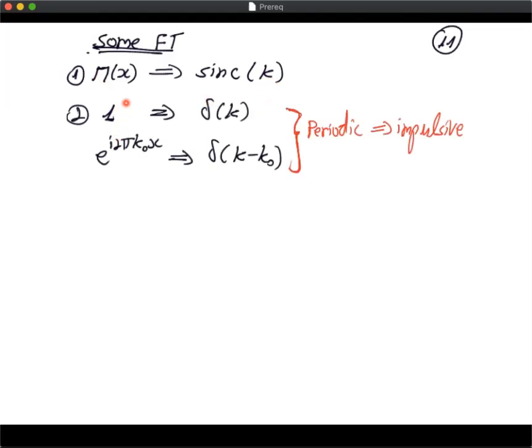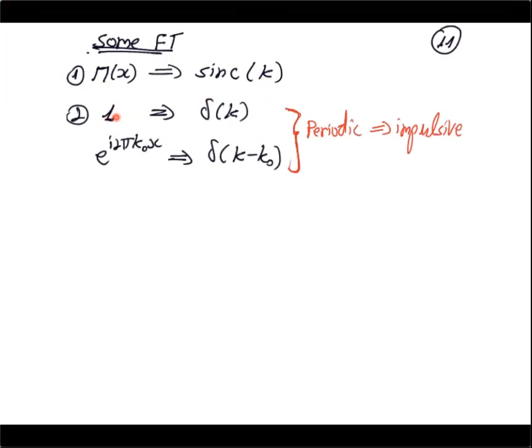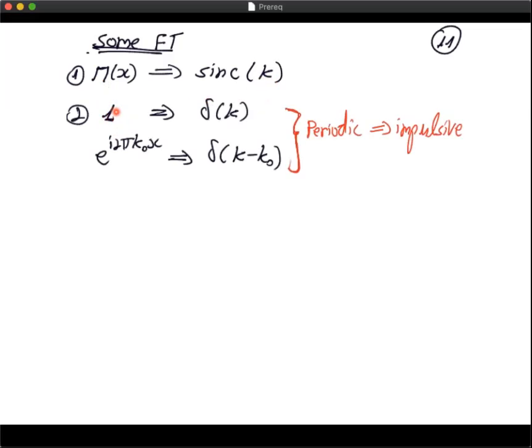What about a constant? If you have something that's constant, it's basically 0 frequency. From a frequency content point of view, it only lives at 0 frequency and nowhere else, right? It's just constant.